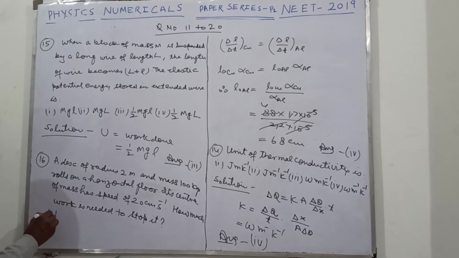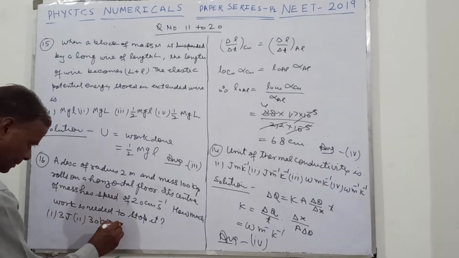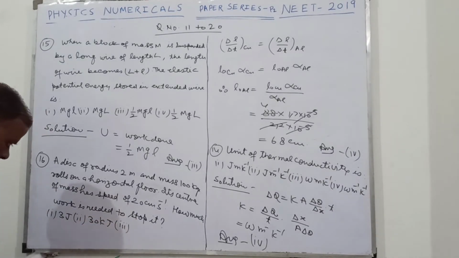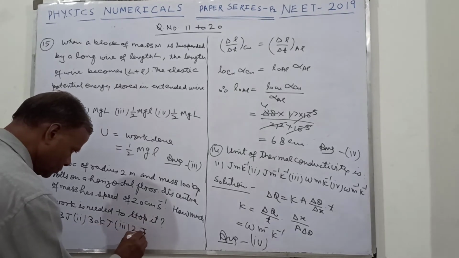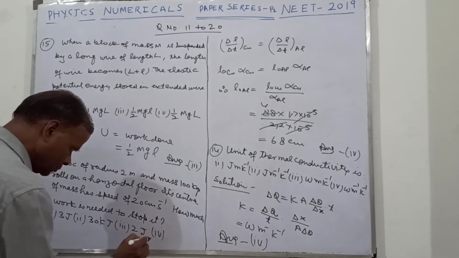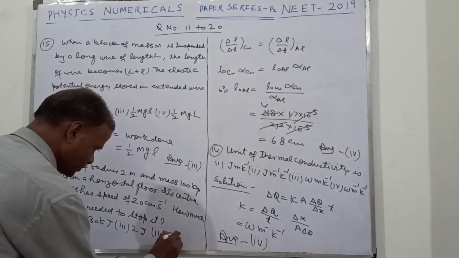Now your choices are given: first 3 joule, second 30 kilojoule, third 2 joule, fourth 1 joule.